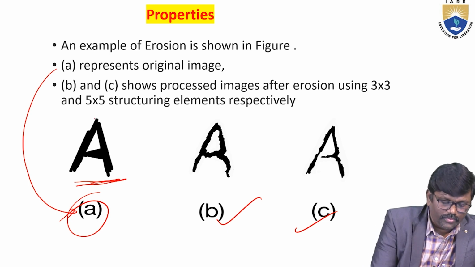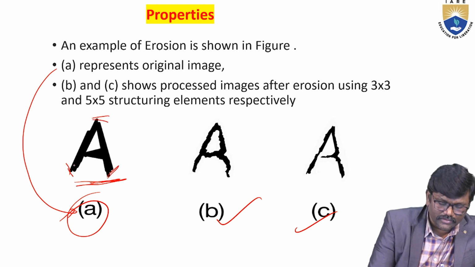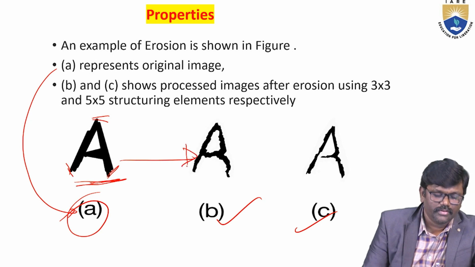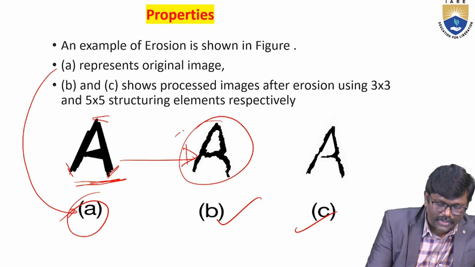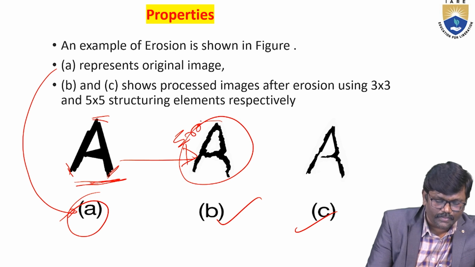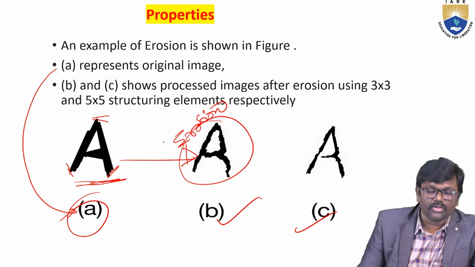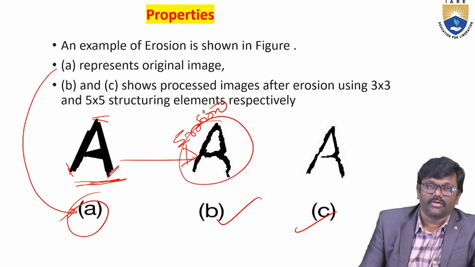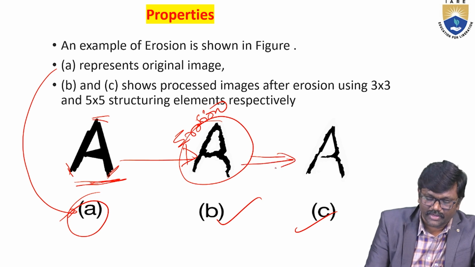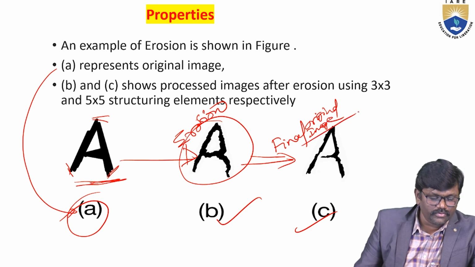From this, you are removing certain edges, then you got this. So you are applying erosion here. You know the meaning of erosion. You are finding the final fit of the image, which is the C.